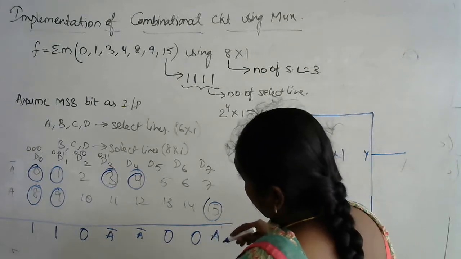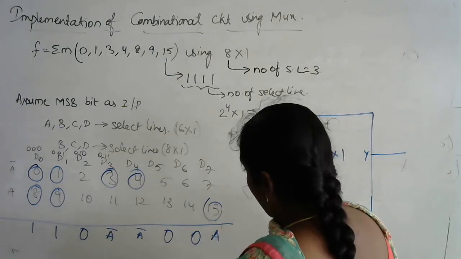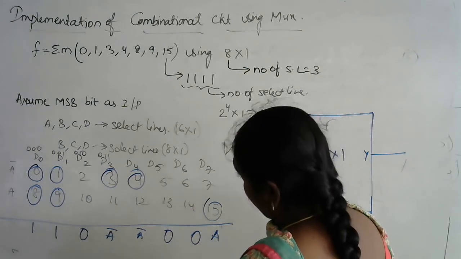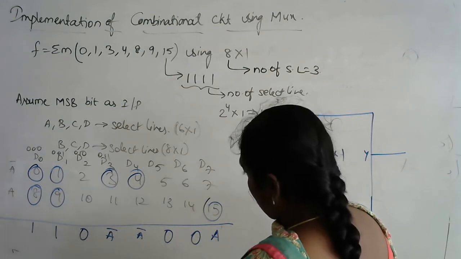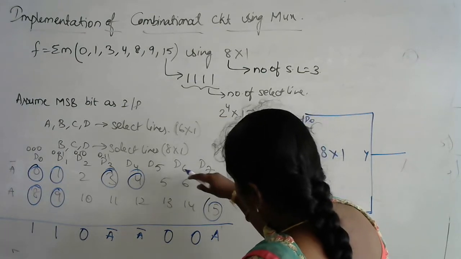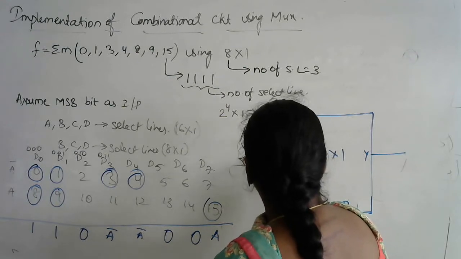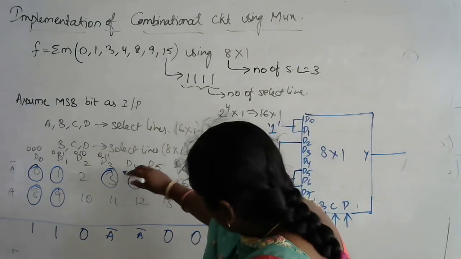What is the D0 value? 1. Short those D0 and D1 because of 1 and give it as 1. What is D2? 0. And D5, D6 are also 0. Short D5, D6 and D2 and connect them to 0. What about D3?